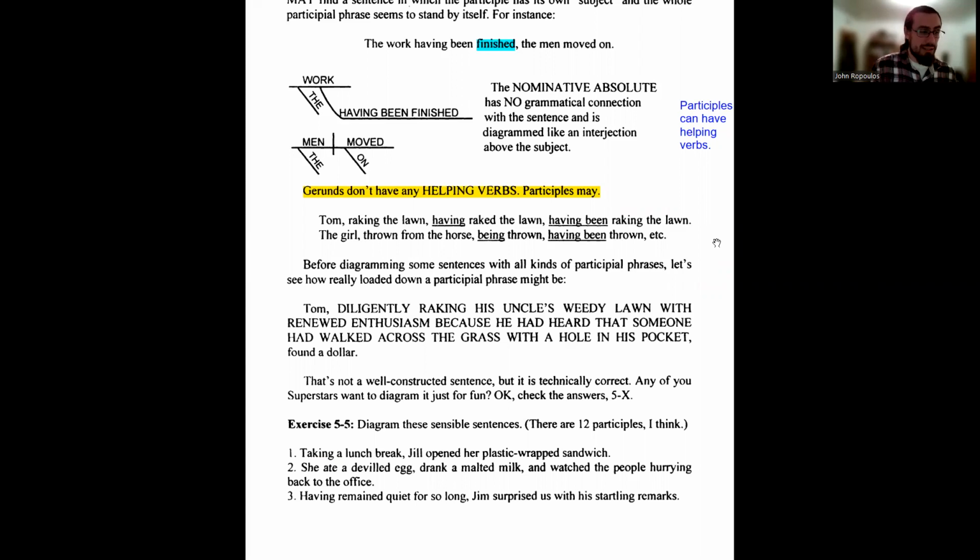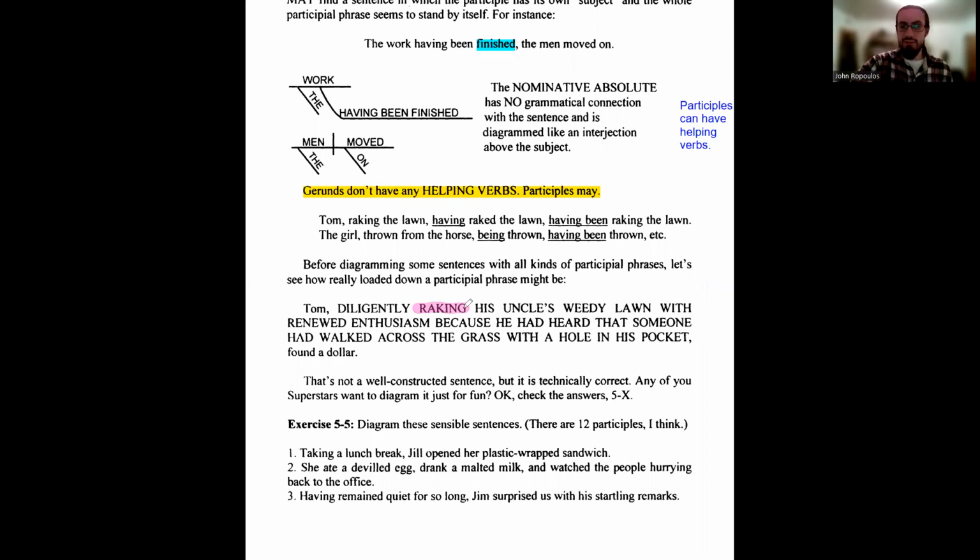So that's a pretty intense sentence. Where are all the participles? Take a second, pause the video if you need to, and identify all of the participles. So Tom, diligently raking his uncle's weedy lawn. So we have our first participle, raking, right? It's modifying Tom.